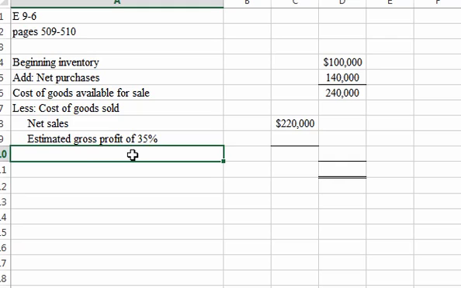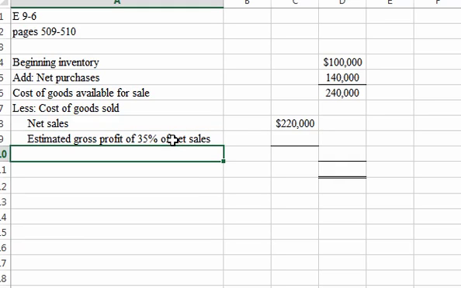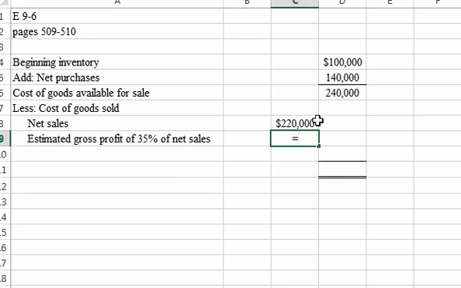Our estimated gross profit is 35% of net sales. So we'll say 220,000 times 0.35. That gets us 77,000, our estimate of gross profit for those 3 weeks in November.